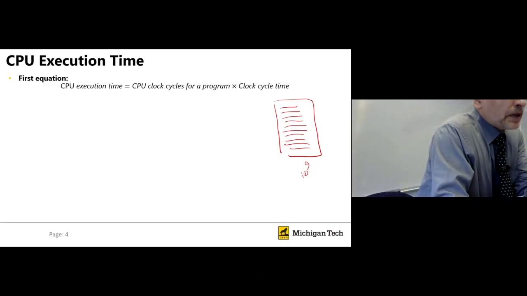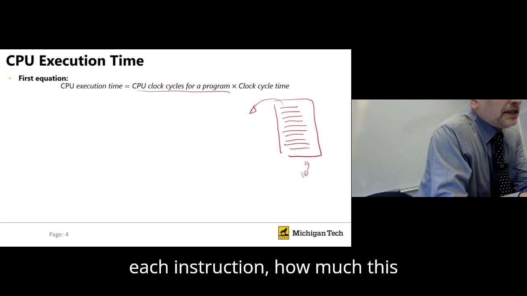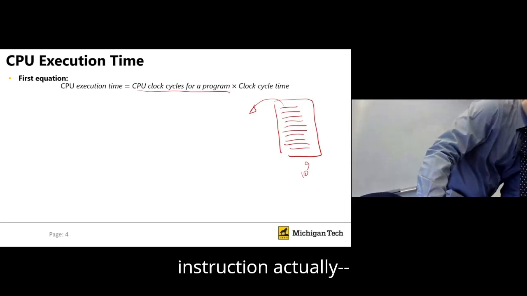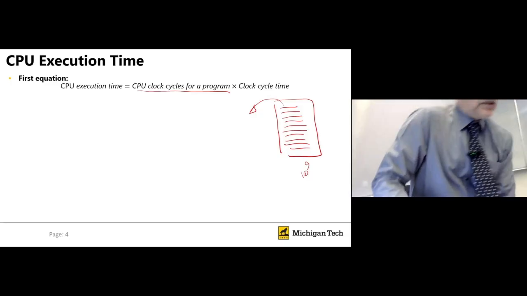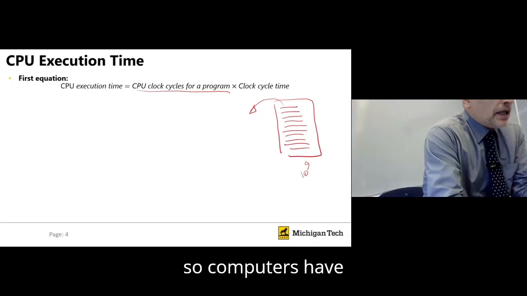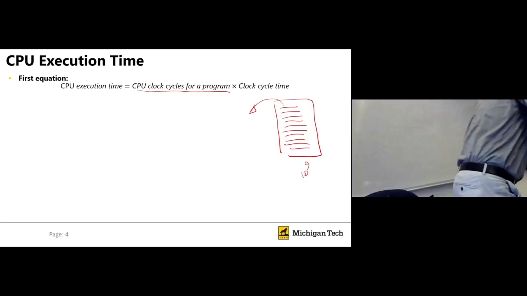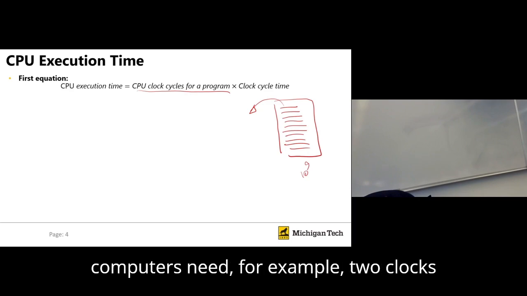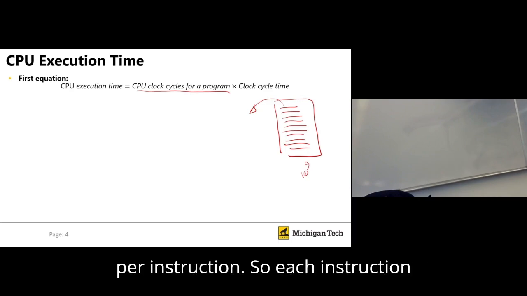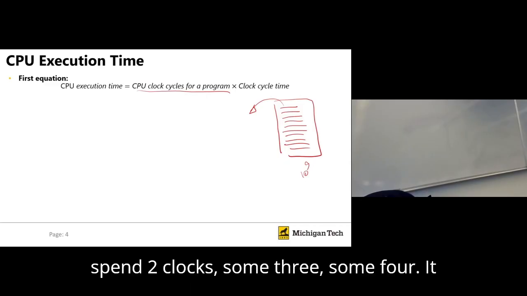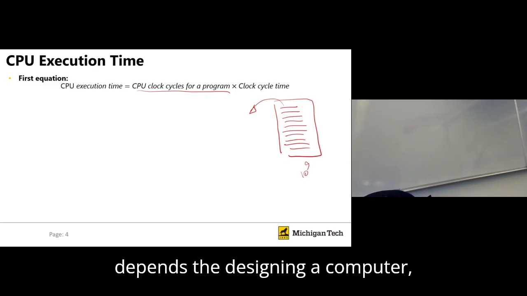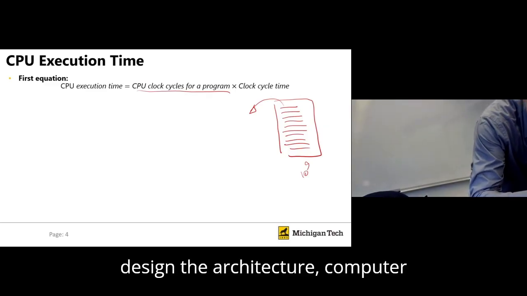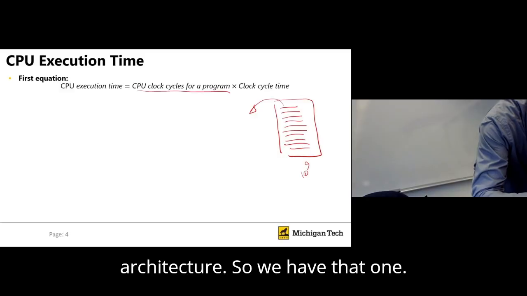But we need to see, for each instruction, how much time it actually takes. Computers have different clocks per instruction. Okay, some computers need, for example, 2 clocks per instruction. So each instruction spends 2 clocks, some 3, some 4. It depends on the design of the computer, the computer architecture. So we have that one.